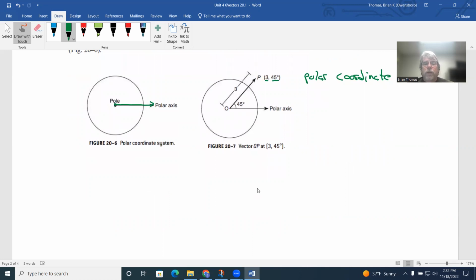A lot of times, like I said, a vector OP, or sometimes we may use this notation right here, vector OP like that, its coordinates would be this 3, 45 degrees. So the 3 is actually the magnitude, and the 45 degrees is its direction.